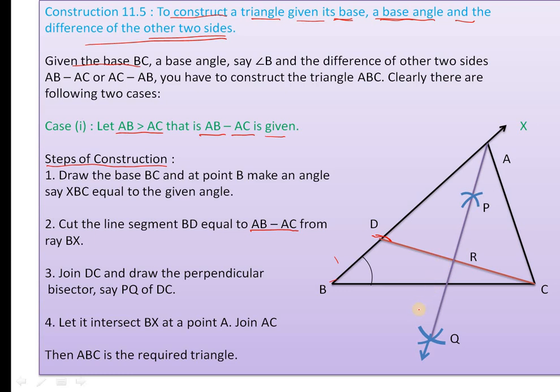The perpendicular bisector of CD is PQ. The PQ intersects BX at point A. Join AC, then ABC is the required triangle.